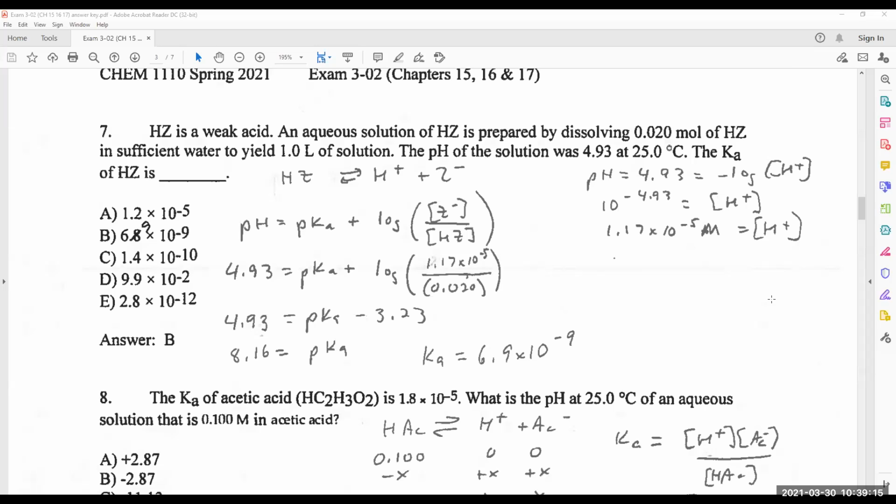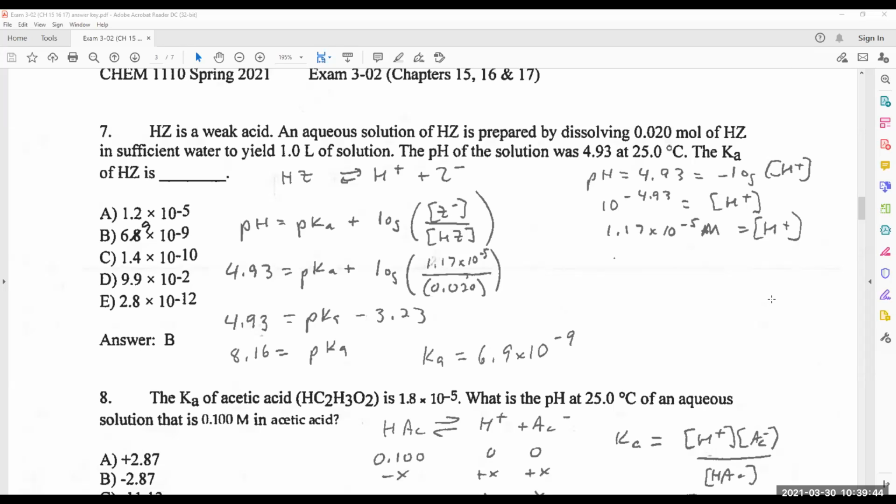We were told the pH of the solution is 4.93, so we can calculate the hydrogen ion concentration from there. If pH equals 4.93, that equals minus the log of the hydrogen ion concentration. So we raise 10 to the minus 4.93, and we solve for that, and we get 1.17 times 10 to the minus 5 molar.